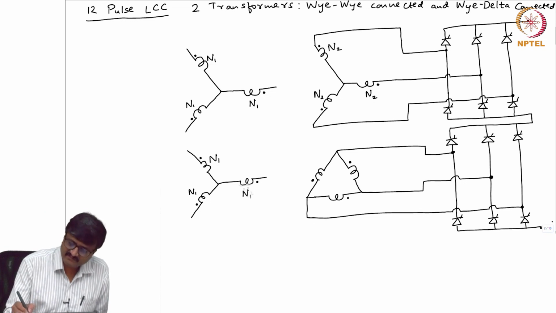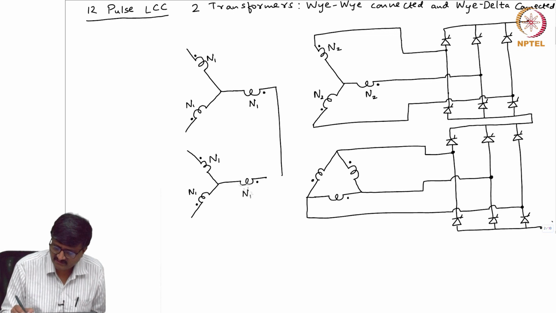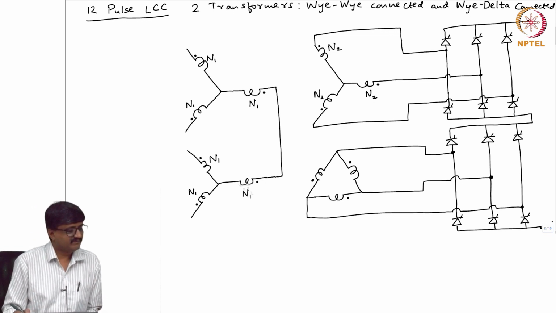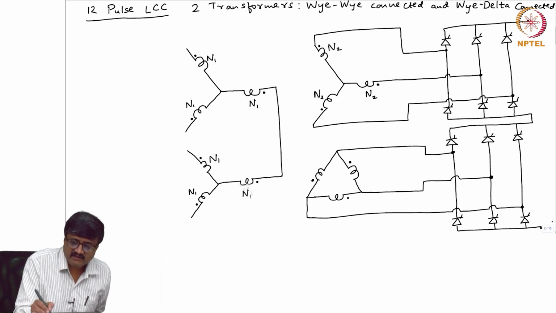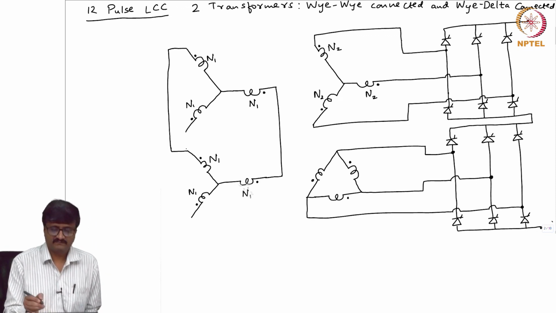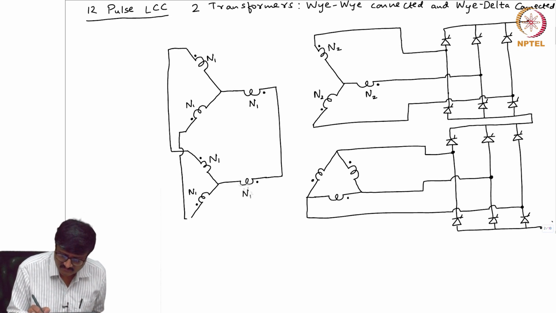So, I take this terminal of the Y side of the first transformer and connect it to this terminal of the second transformer Y side. Okay. Then I take this terminal and connect it to this terminal, and finally take this and connect it to this terminal.